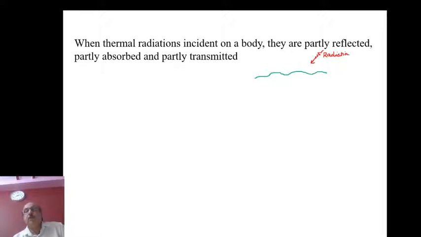When this radiation falls on the object, some part of the radiation is reflected, and some part of the radiation is transmitted.